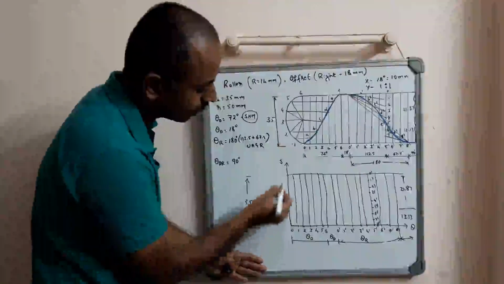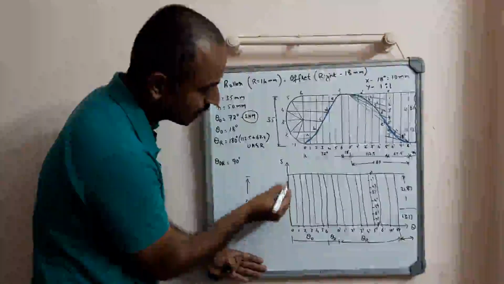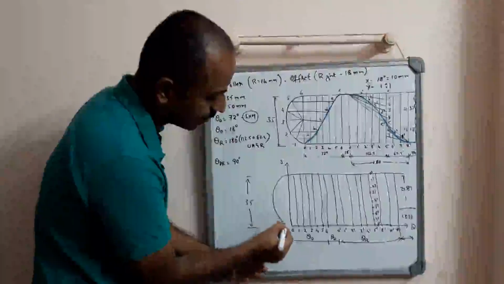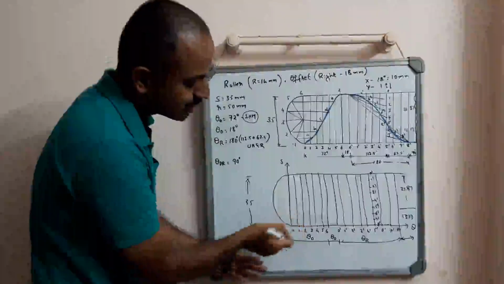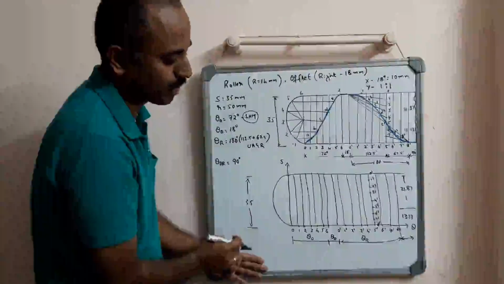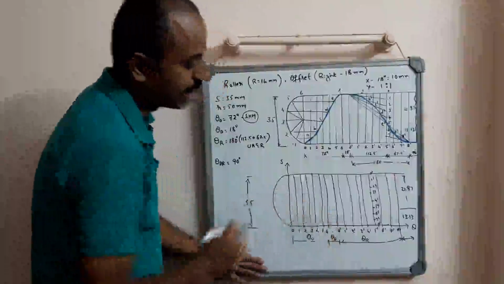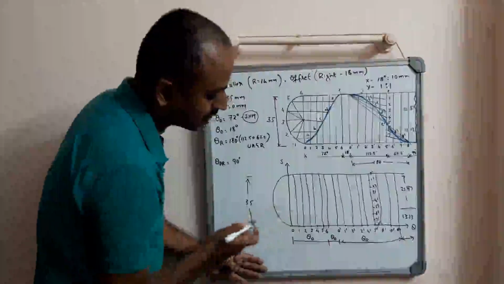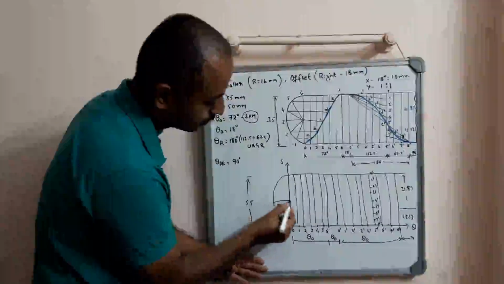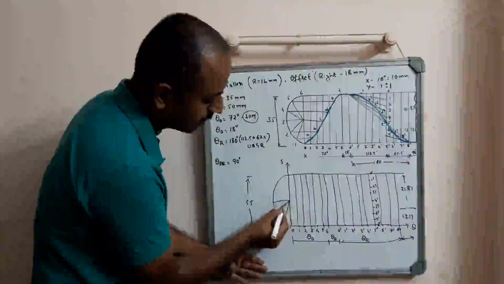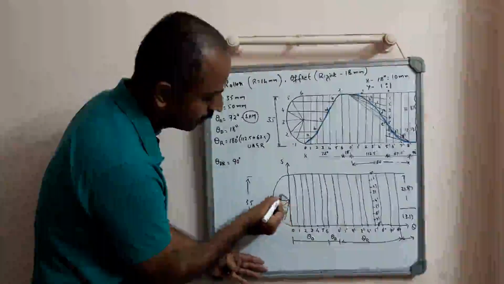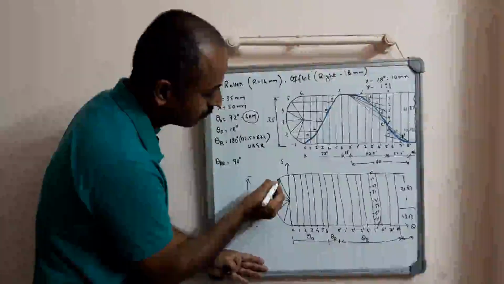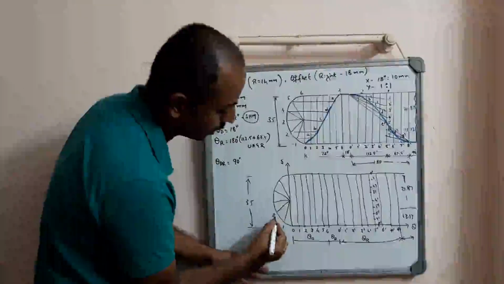Identify the midpoint of 35 mm. With this point as center, draw a semicircle. Divide this semicircle also into 6 equal parts, as we have divided the outstroke region into 6 equal parts: 30, 60, 90, 120, 150 and 180. And these are our 1, 2, 3.